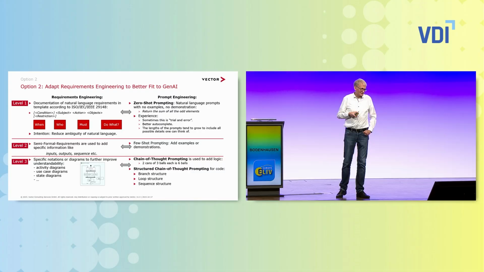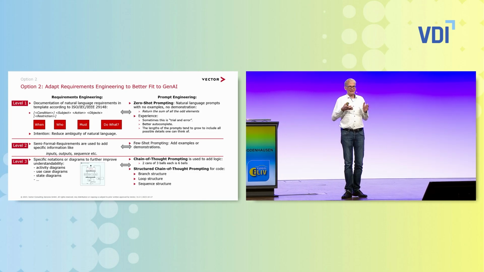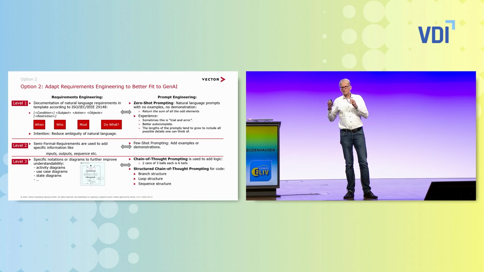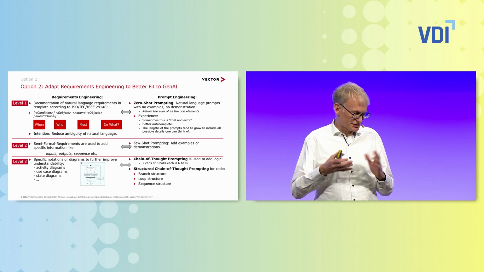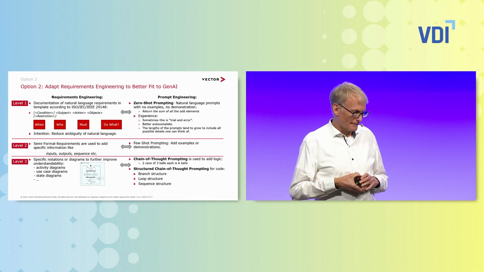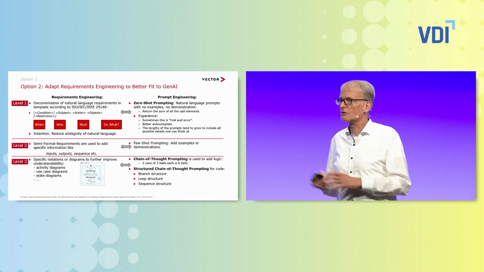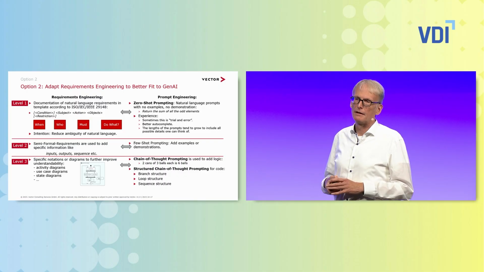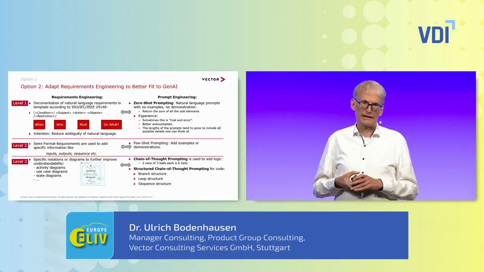And then we have a second level, the so-called few-shot prompting, where you add examples of what you expect. Also that improves the result. And for code generation, you also have chain of thought prompting and structured chain of thought prompting. You put more and more structured information in, and you get better results as the output of the GenAI.